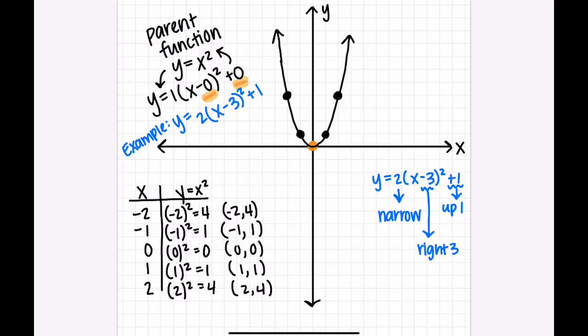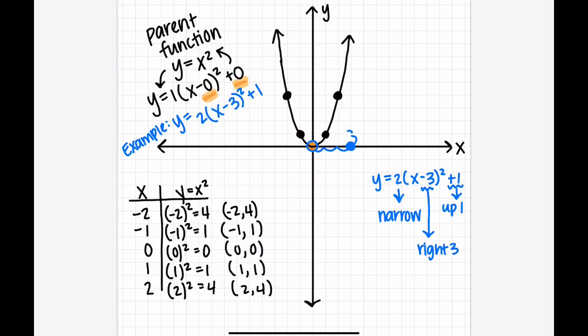Right, so the graph from the vertex is going to be moved right 3. So we're going to go from here to the right 3 times. So 1, 2, 3. But we're not staying there.